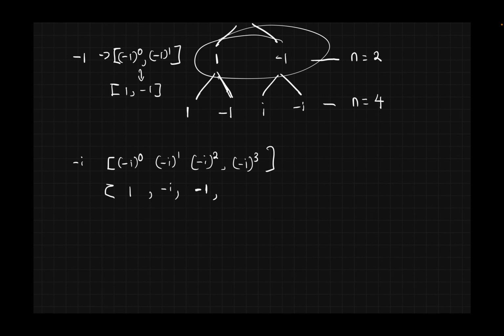Minus I raised to the power of 3 is minus I raised to the power of 2 times minus I. So you said minus I raised to the power of 2 times minus I. So that's minus 1 times minus I.